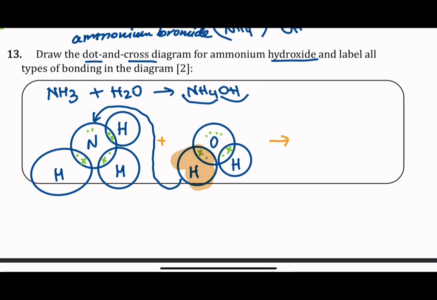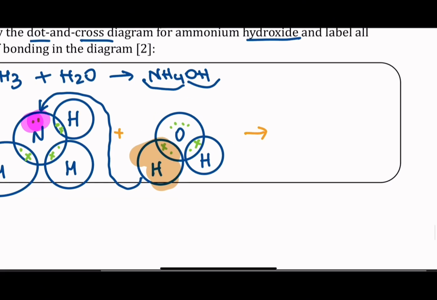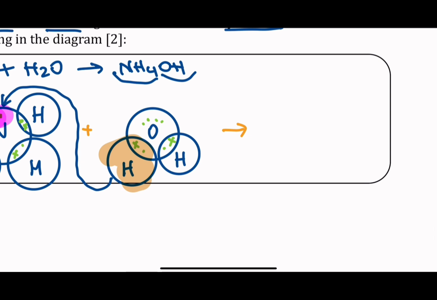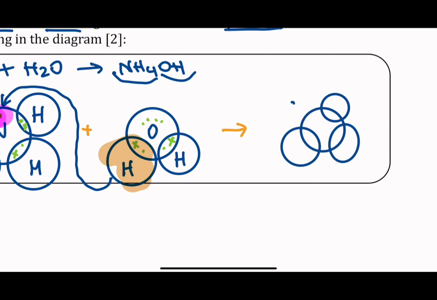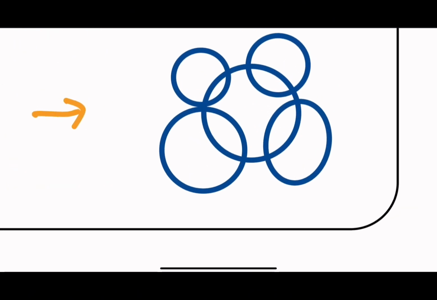And the nitrogen is going to donate the 2 electrons it has to the hydrogen. So the way it happens, nitrogen goes to the center. So let's write it here: 1, 2, 3, 4, and 5. It went a bit small, but let's try to manage with this. So hydrogen, nitrogen, hydrogen, hydrogen, and hydrogen.